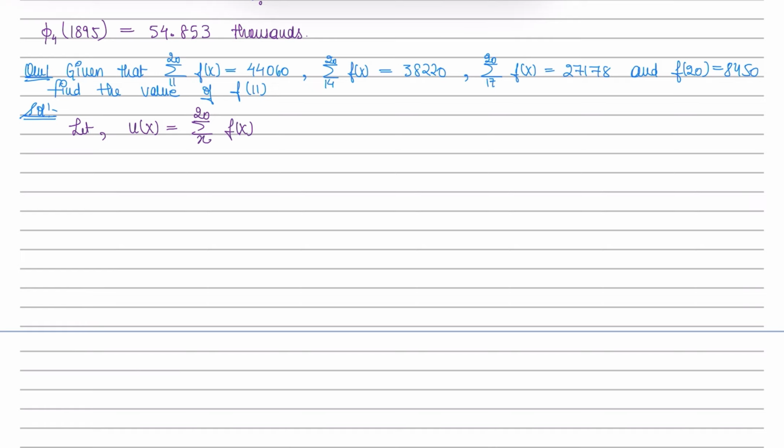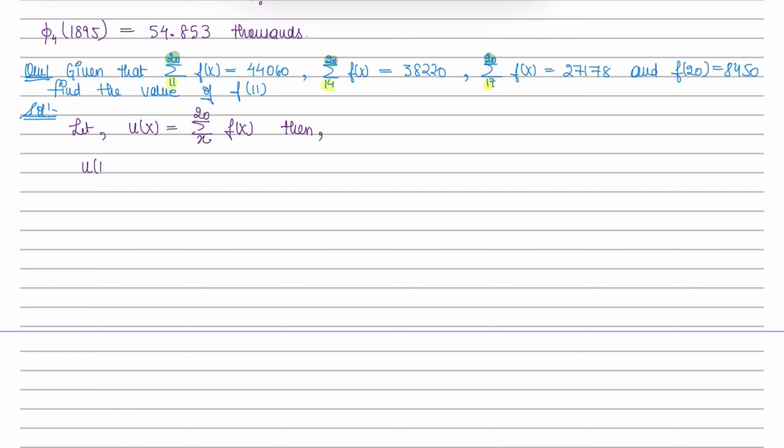And why have we considered it? Because in the question we can see that the minimum limit of the summation is changing, but the maximum limit of the summation is always 20. So we have varied the minimum term.